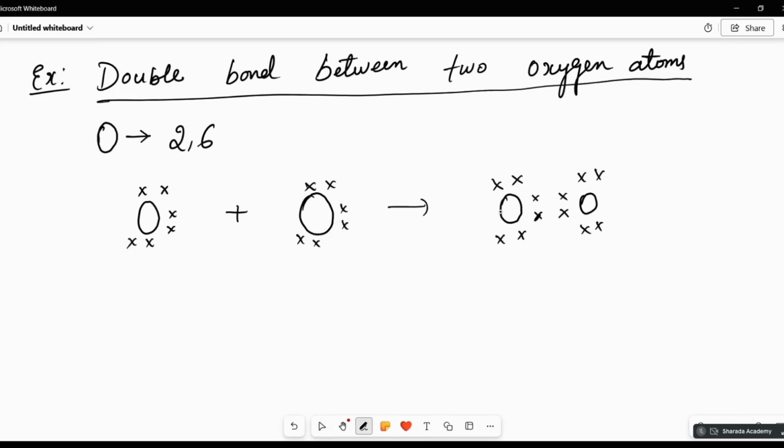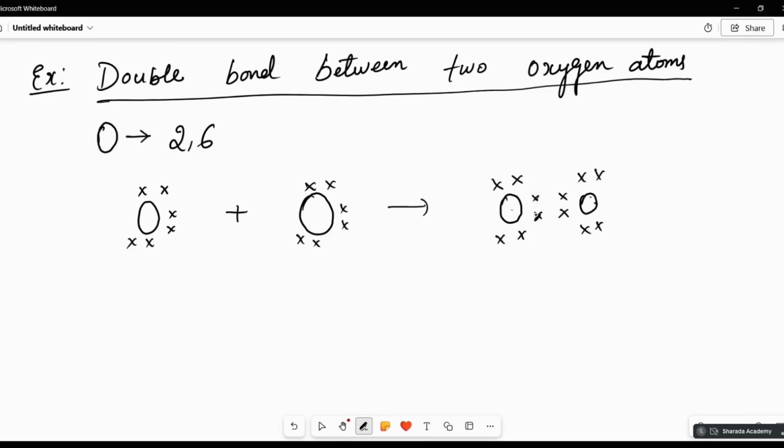See, this electron of the first one is shared; it revolves around the first oxygen as well as the second. Similarly, this electron of the second oxygen revolves around this as well as this. So it now has 7 each, right?